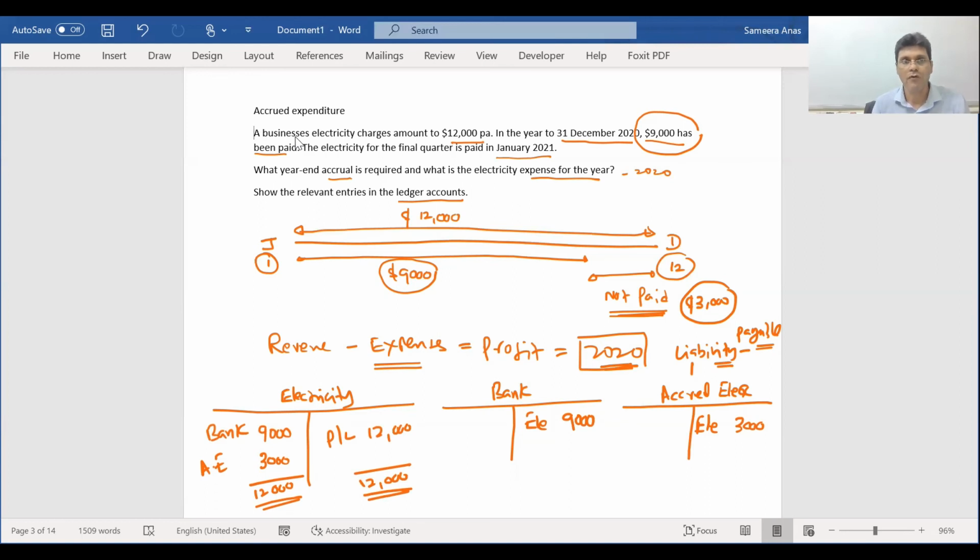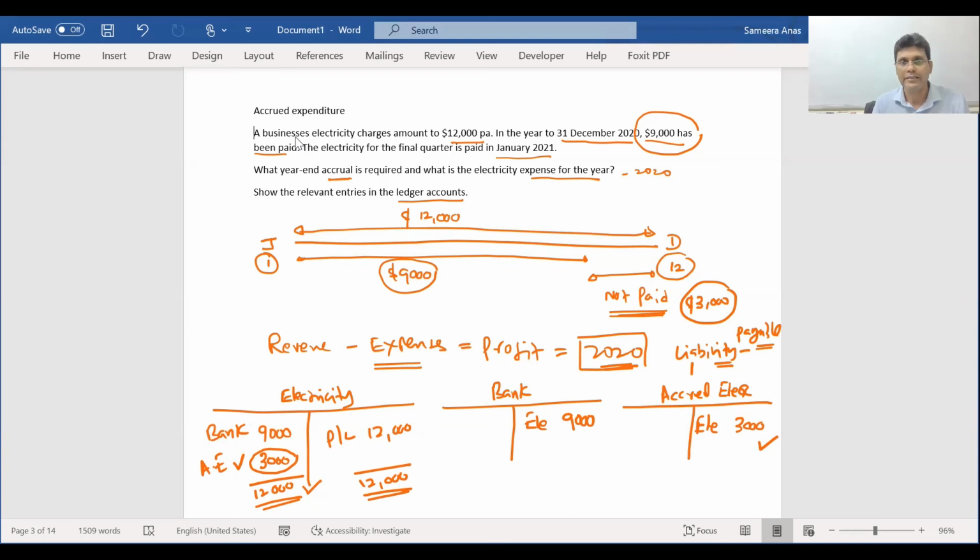So therefore, what year-end accrual is required and what is the electricity expense for the year? Accrual is required for 3,000 to show the total 12,000 expenses. So electricity expense account debit, accrued electricity account should be credited.